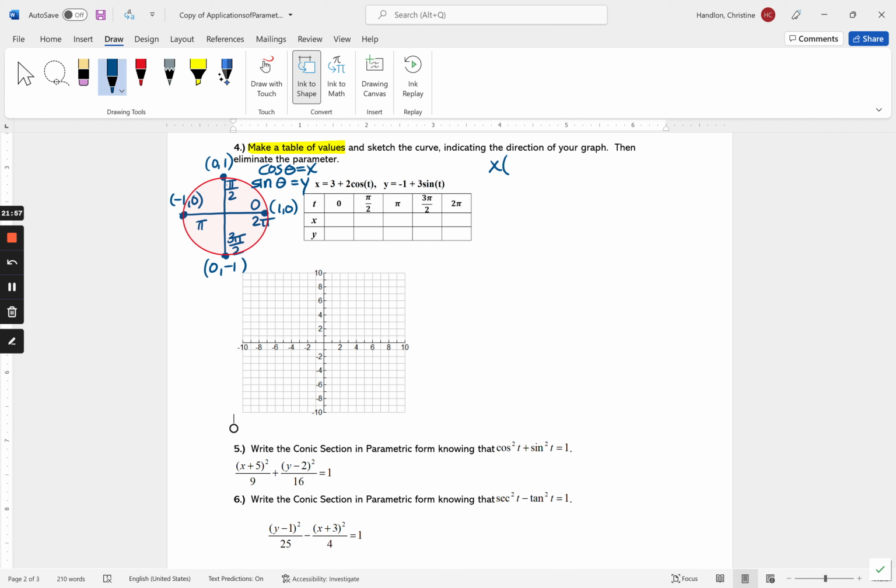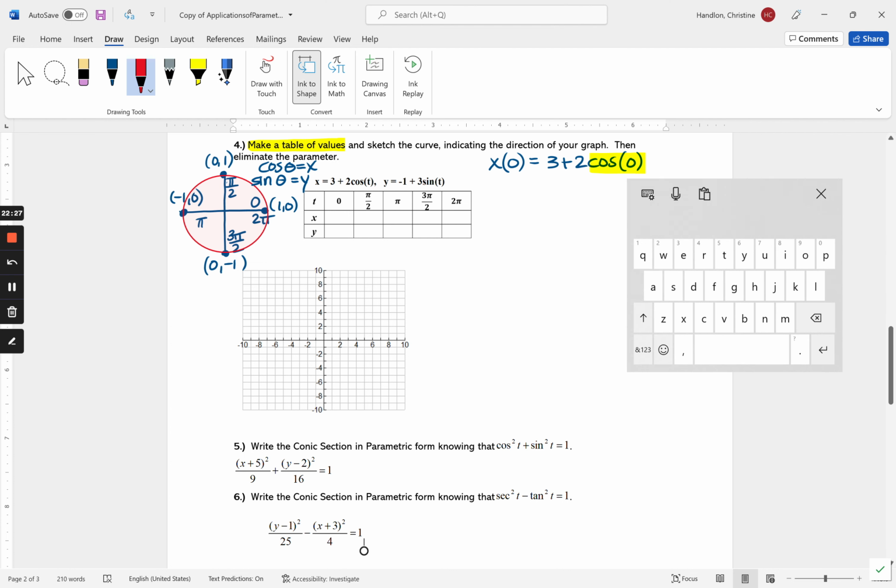So x, when t is 0, means that we rewrite that problem as 3 plus 2 times the cosine of 0. Well, the cosine of 0 means that we need to go to the unit circle at 0 degrees and look at the cosine value.